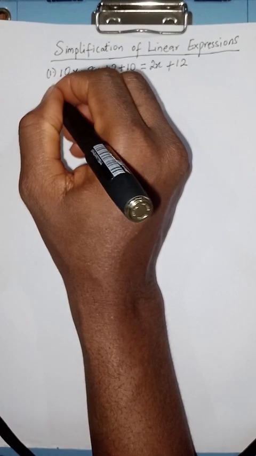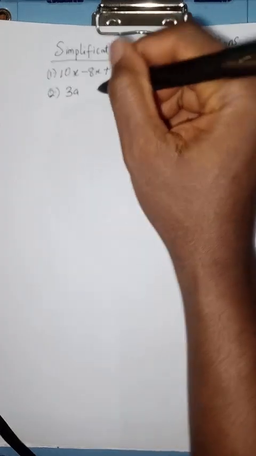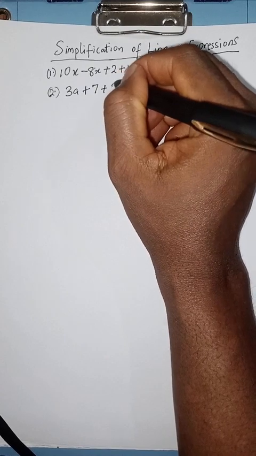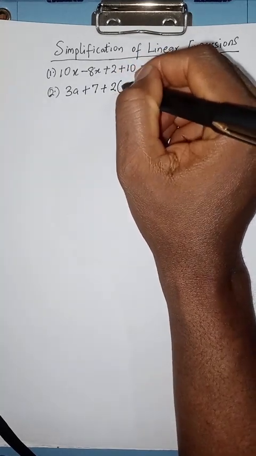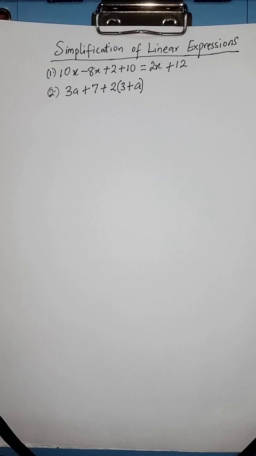Let's go to number 2. I have 3a plus 7 plus 2, open bracket, 3 plus a. Now what do I need to do? Now here we would apply the rule of BODMAS, which says that in an expression, if there is a bracket, solve the bracket first before you simplify every other value in the question.